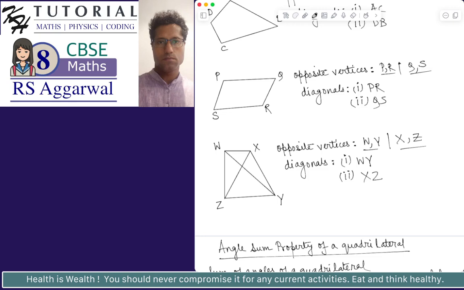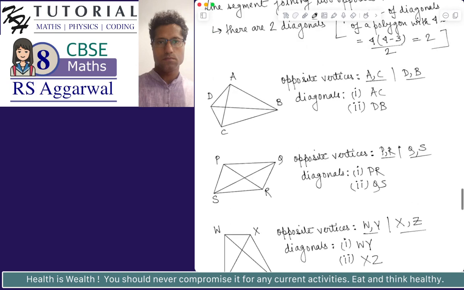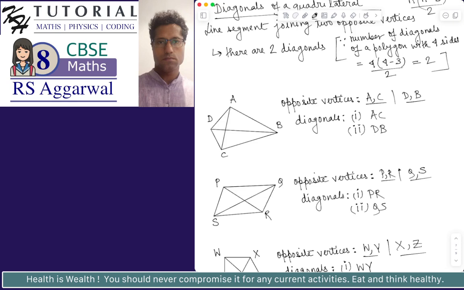In the other quadrilaterals, we have the diagonals AC, this is AC, this is the diagonal DB or BD. In the second quadrilateral, PR is one diagonal, and the other diagonal is QS or SQ. Okay, so this was diagonals of a quadrilateral. A quadrilateral has two diagonals.